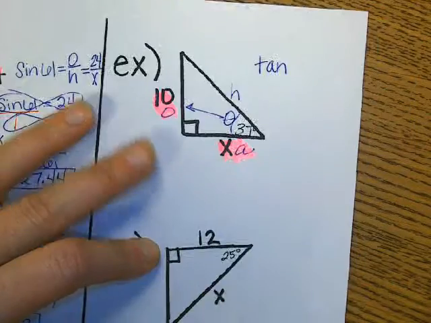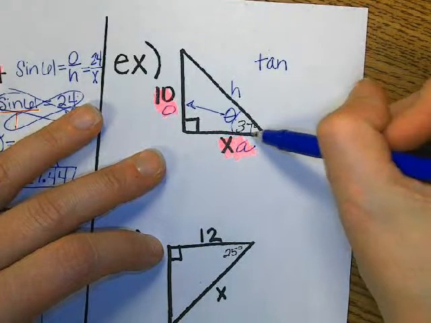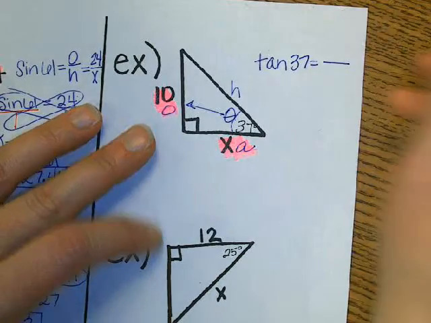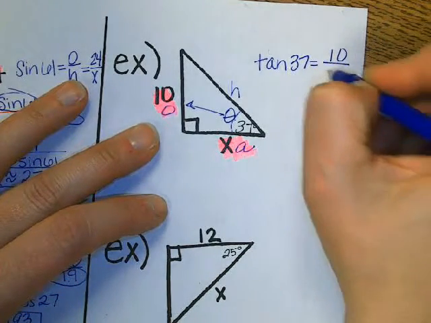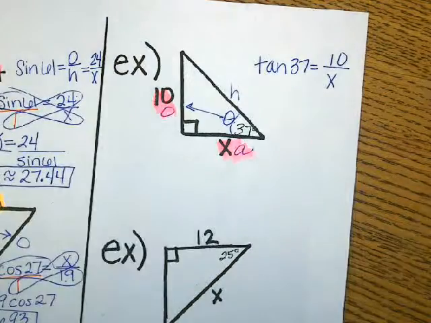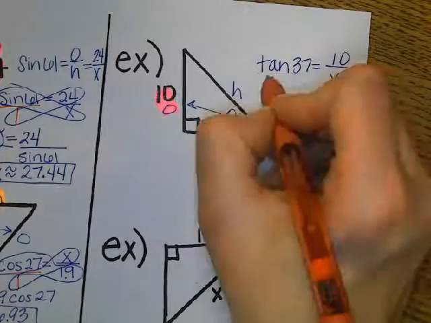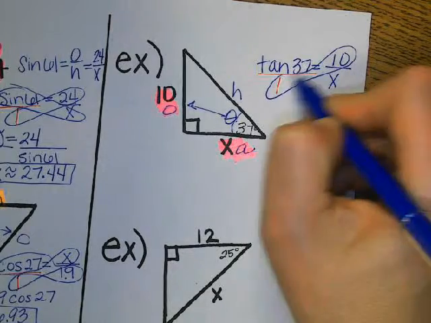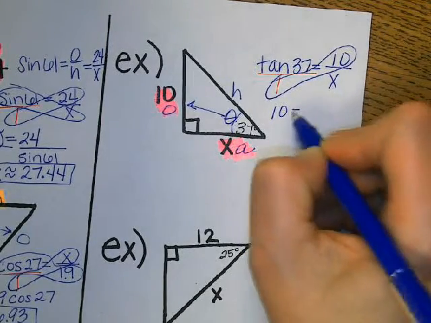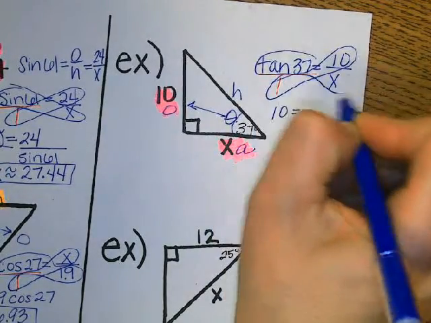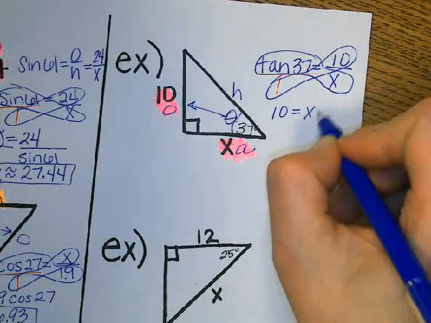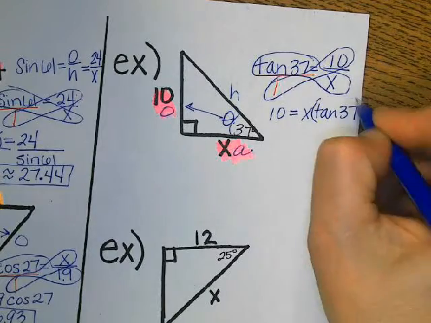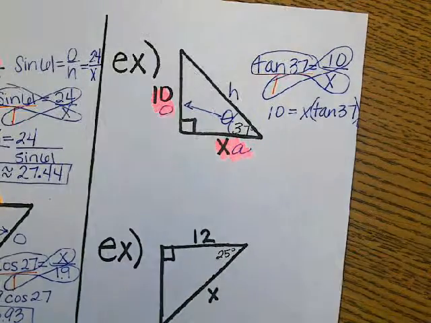And it's going to be tangent of, and you put, instead of theta, you put your 37 degrees. And then what's O? That's 10. A is X. Now we're going to cross multiply. 10 times 1 is 10. And on the other side, tangent 37 times X. Put the X first.